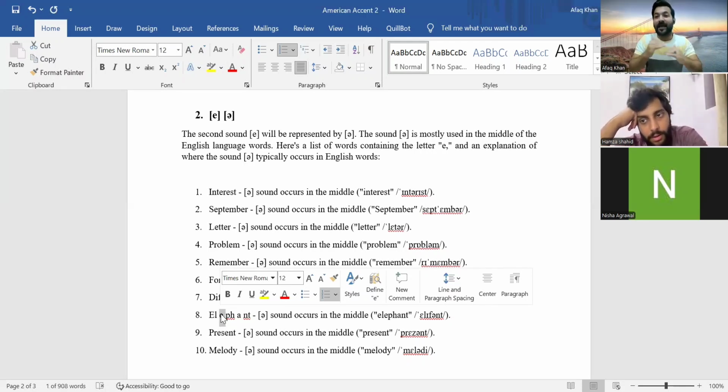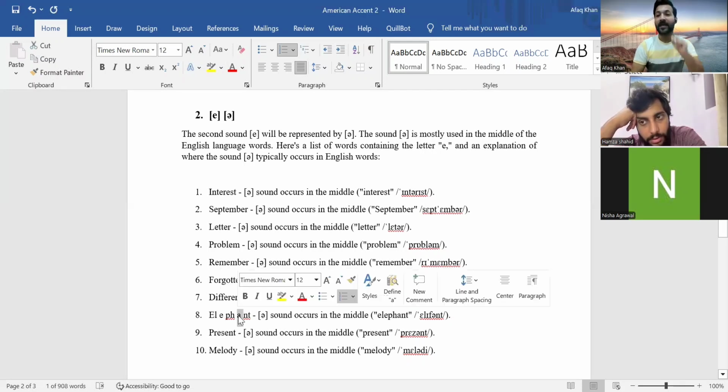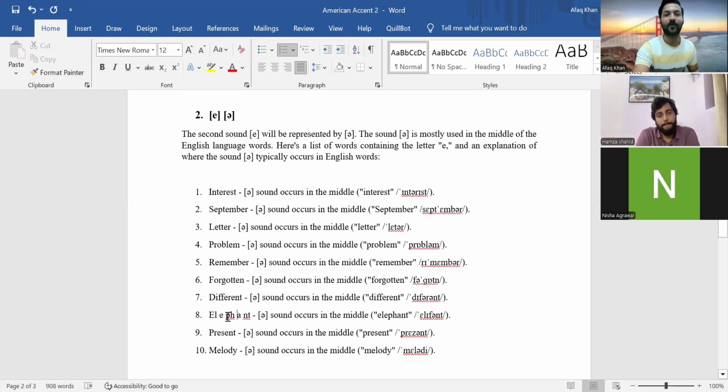Elephant, right? Look at the letter A: here, the letter A has got the schwa sound. Yes, a beautiful elephant, a huge elephant.